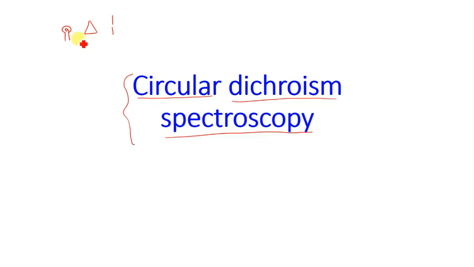So both of these form the part of the monochromator. The first one, the prism, decomposes the light, and this slit allows the selection of a specific wavelength.